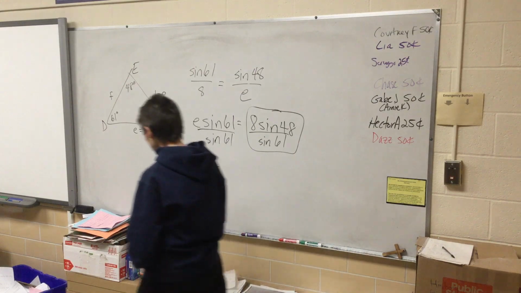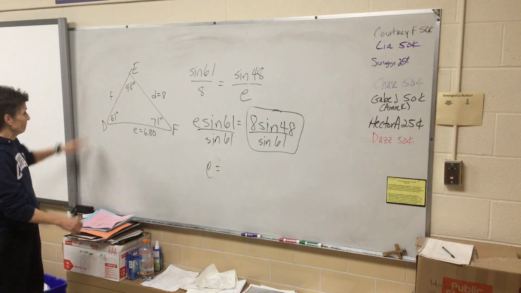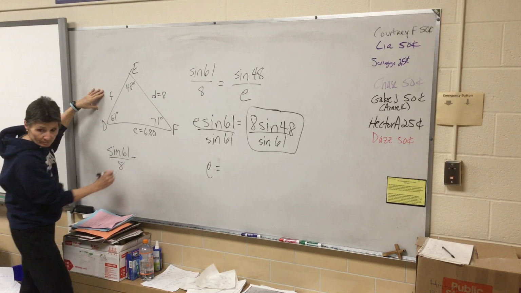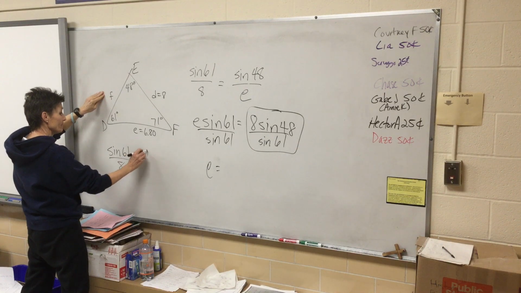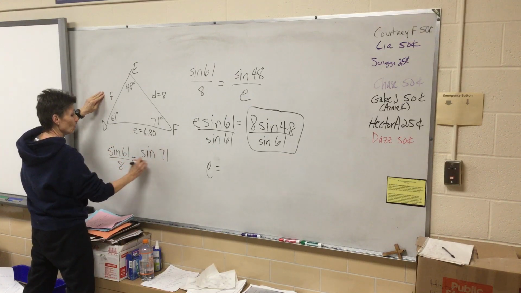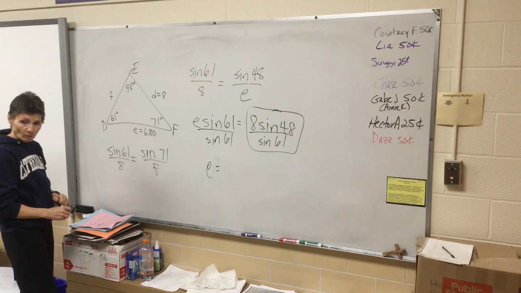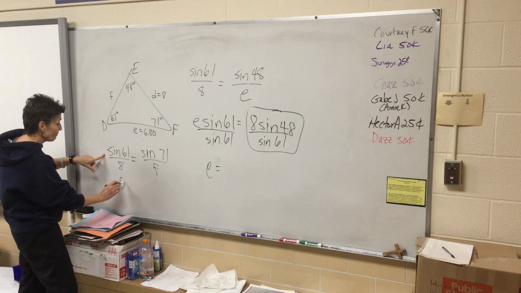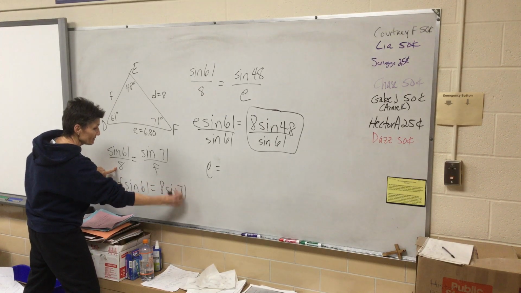Let's finish the problem then. How are we going to find side F? What equation am I going to set up? Sine 61 over 8 equals sine 71 over F. Exactly. Now we'll cross multiply. That's what we do when we have a proportion. So F sine 61 equals 8 sine 71.